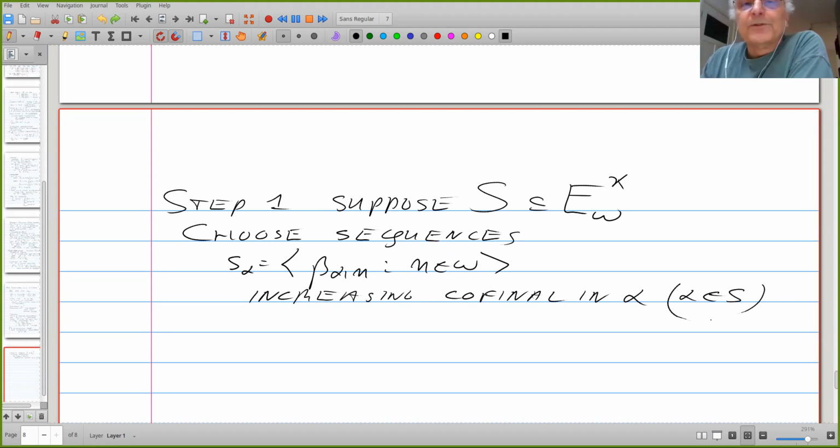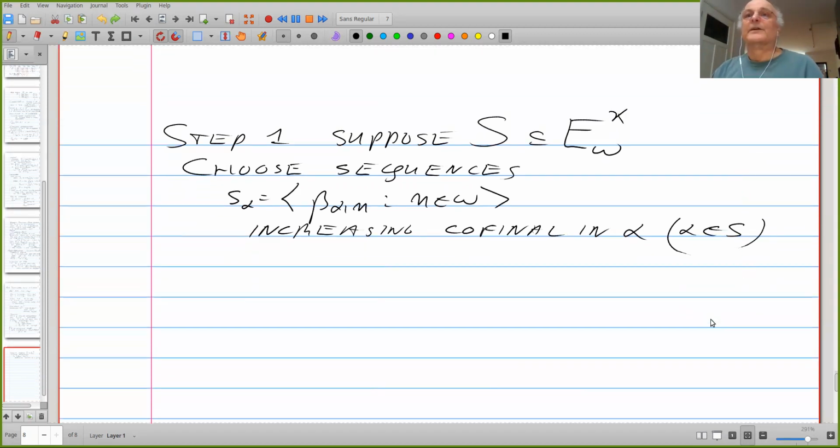For every alpha, we choose a sequence that converges to alpha monotonically, increasing and cofinal in alpha because the cofinality of alpha is omega. What do we do with it?